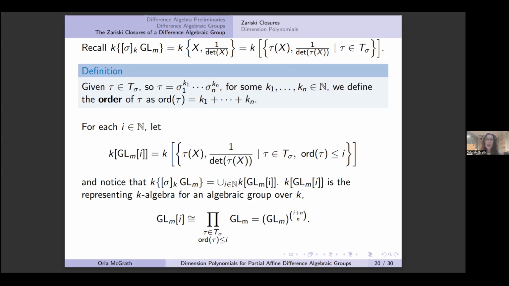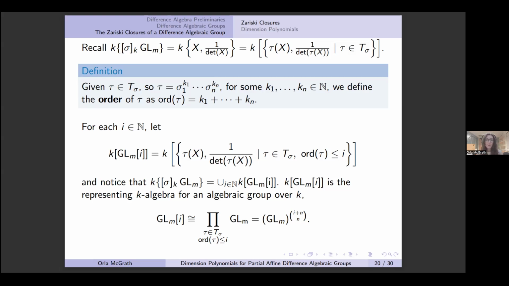And we essentially get the product of lots of copies of GLM. And the number of those that we get is the number of transforms of order less than or equal to I, which combinatorially we can see is I plus n choose n, where n is our number of endomorphisms.